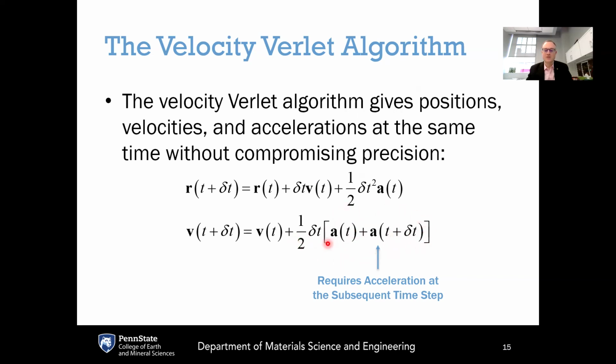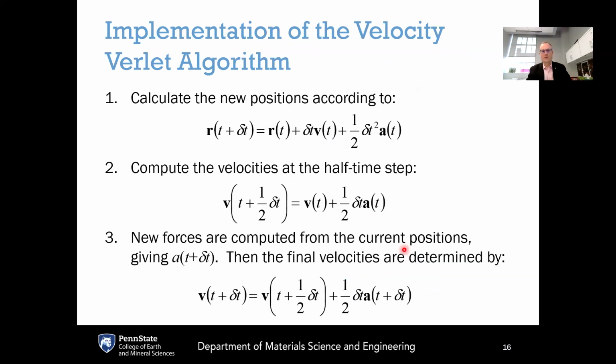We use this average to give a more accurate prediction of what the velocity will be at the next time step. The challenge here is that it requires acceleration at the subsequent time step, a of t plus delta t.